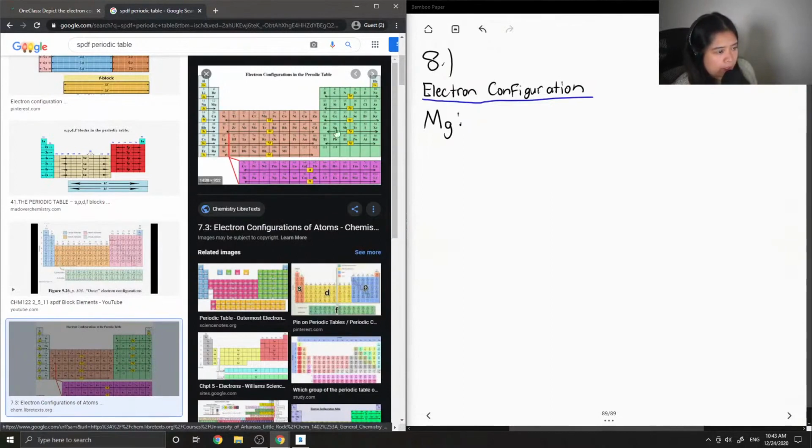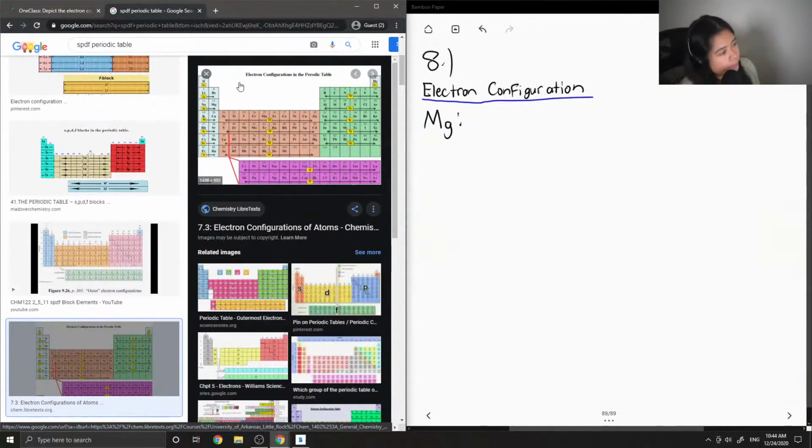This green rectangle is the P block, and the middle transition metals is the D block. And finally, the last 2 rows, the lanthanides and actinides, is the F block. So to find the electron configuration of a certain element, we need to start at hydrogen and move from left to right down the periodic table until we get to our desired atom.